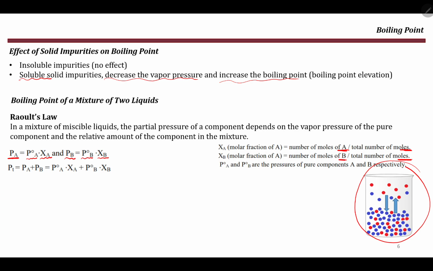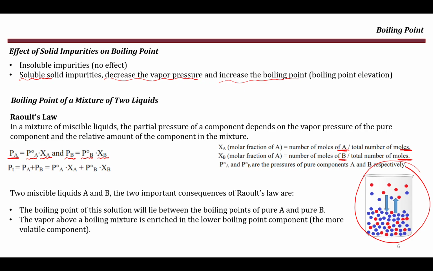So to summarize, whenever you mix two liquids together, the pressure of these two liquids will affect each other, and this will in turn affect the boiling point of the whole mixture.